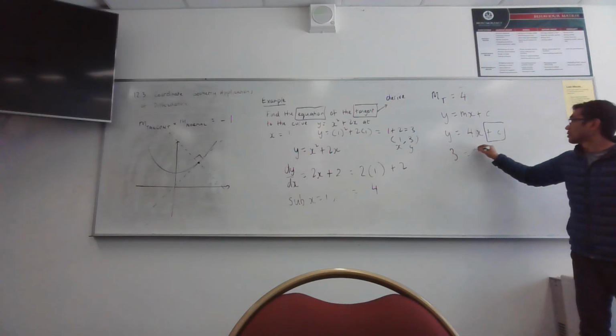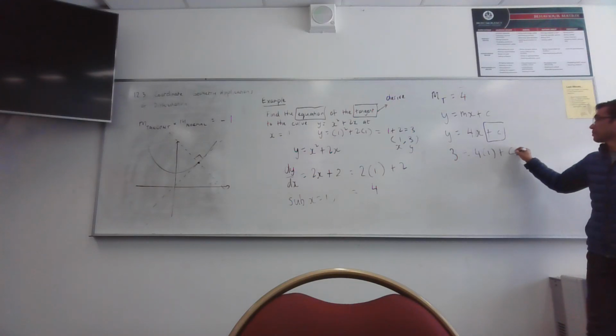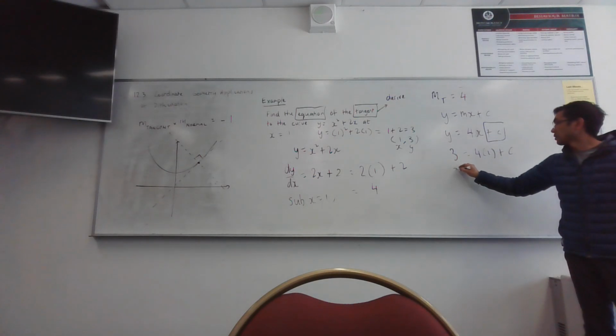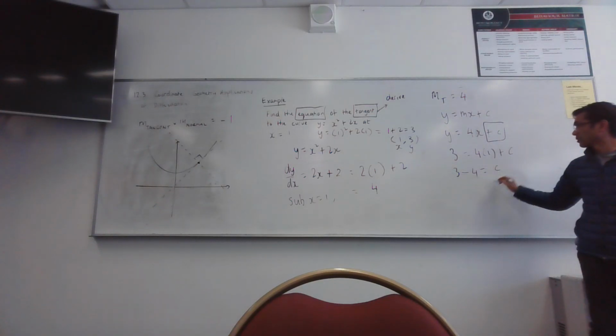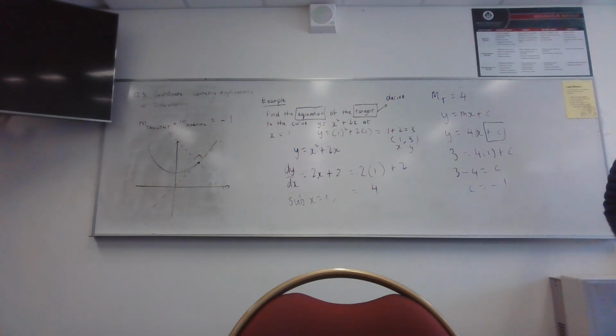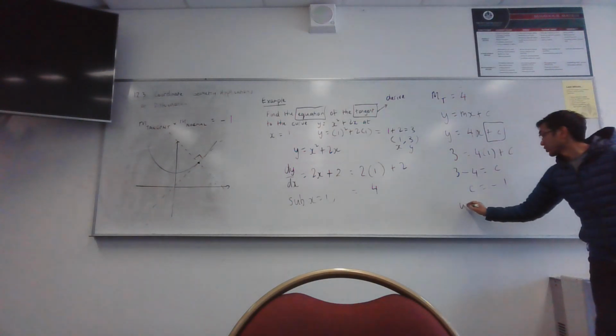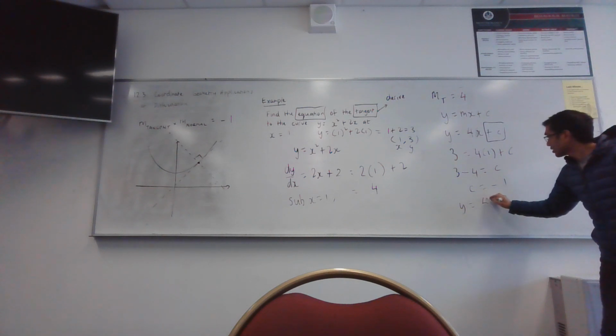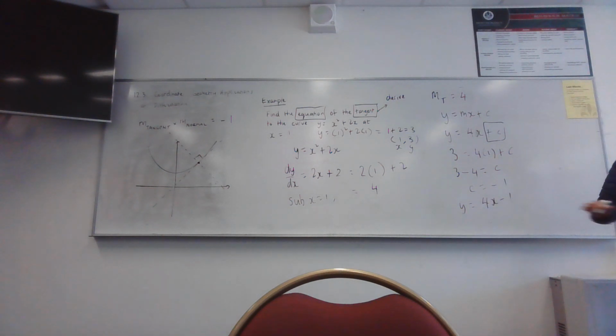Now we know c is a -1. So the equation of our tangent is 4x minus 1. Okay? Any questions?